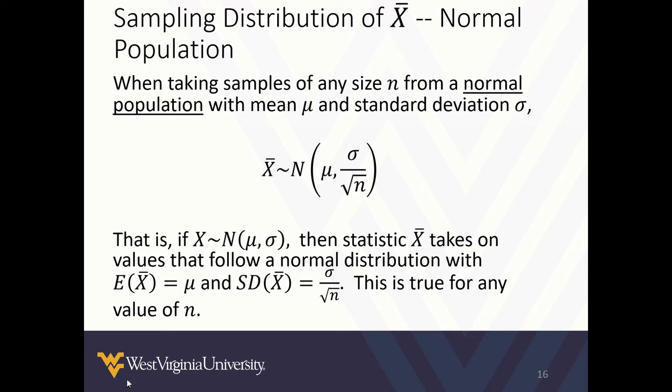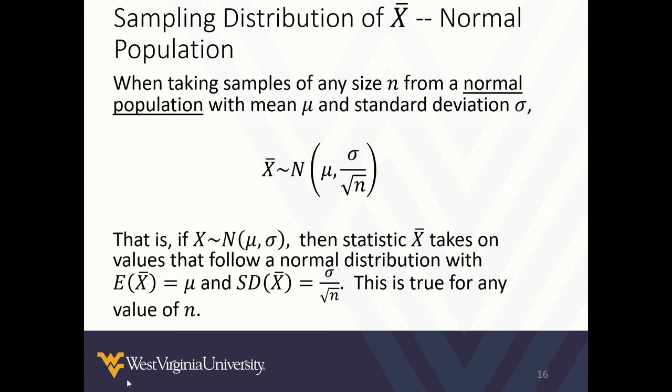So for the sampling distribution of our sample mean, when taking samples of any size n from a normal population with mean mu and standard deviation sigma, our sample mean will follow the normal distribution with mean mu and standard deviation, or excuse me, the population standard deviation divided by the square root of n.